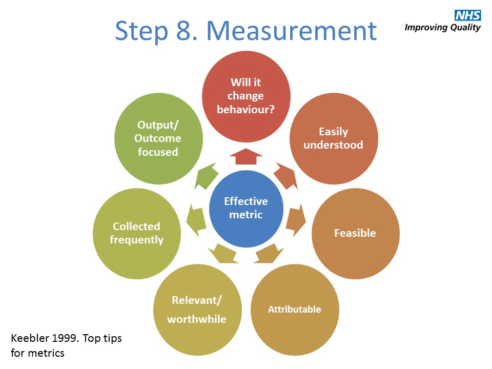We often find it's a bit more challenging to set effective measurements for aims and primary drivers, because they're by definition often a bit more complicated, whereas it tends to be a little bit more straightforward to set measurement for change projects and secondary drivers. I've just put here on the slide a simple few questions to ask based on a paper by Keebler from '99, called Top Tips for Metrics. It's worth just having a look at that. It's a useful paper to read.